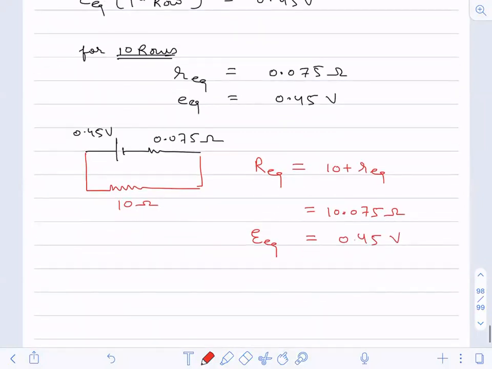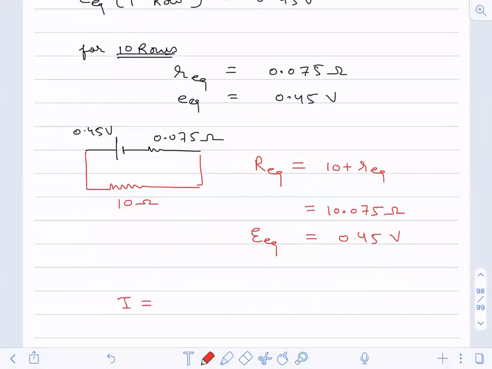What will be the current? Current is E equivalent divided by R equivalent, so 0.45 divided by 10.075. So your answer is close to 0.044 ampere.